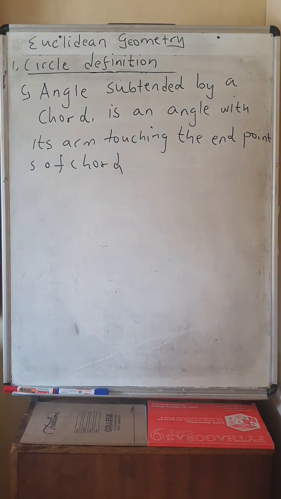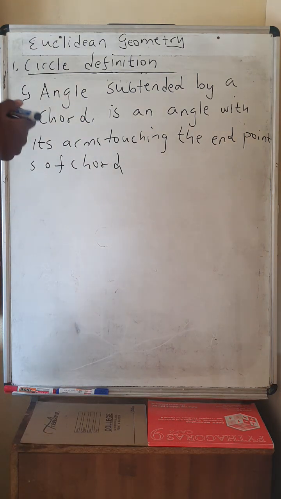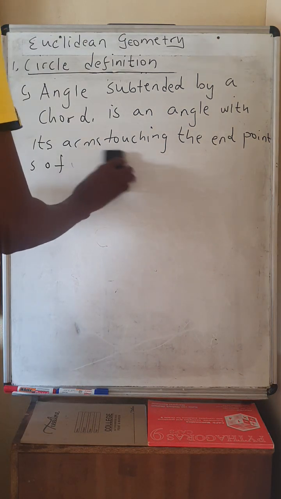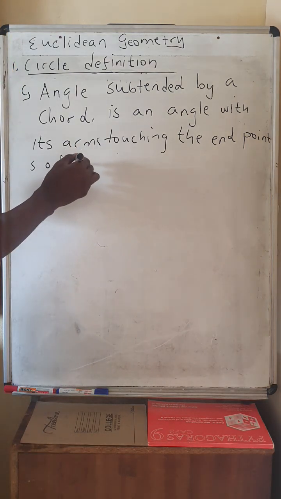An angle subtended by a chord is an angle with its arms touching the end points of the chord.